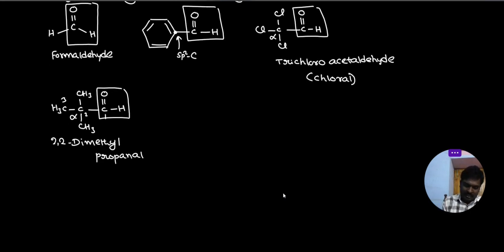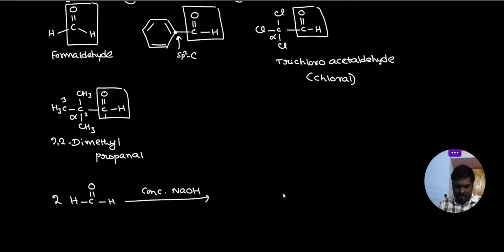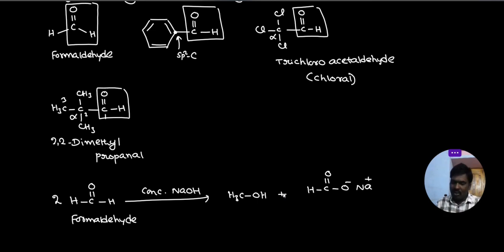Now the reaction. 2 moles of formaldehyde in the presence of concentrated base. One aldehyde is reduced, another aldehyde is oxidized. The products are methyl alcohol and sodium formate.